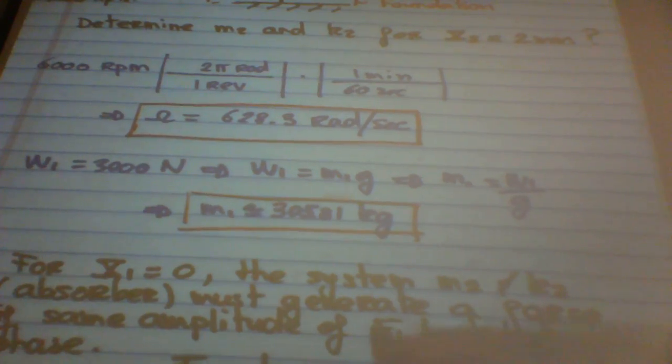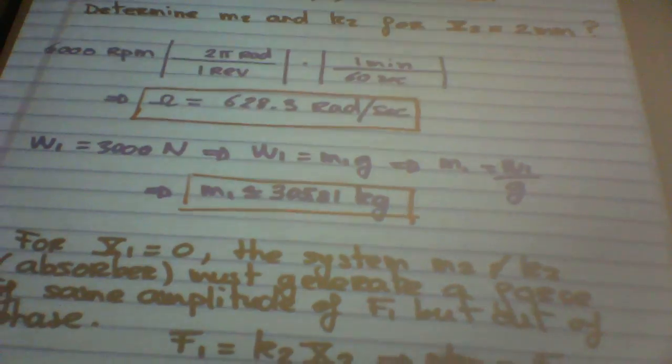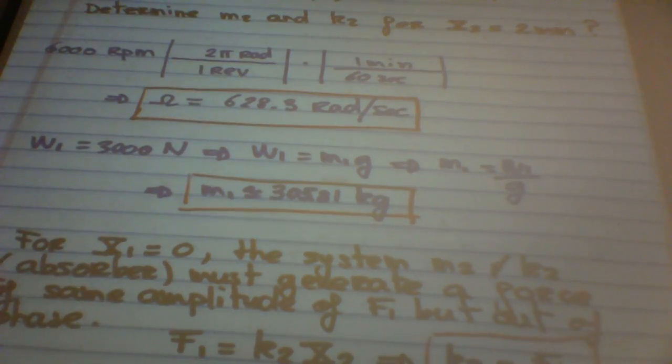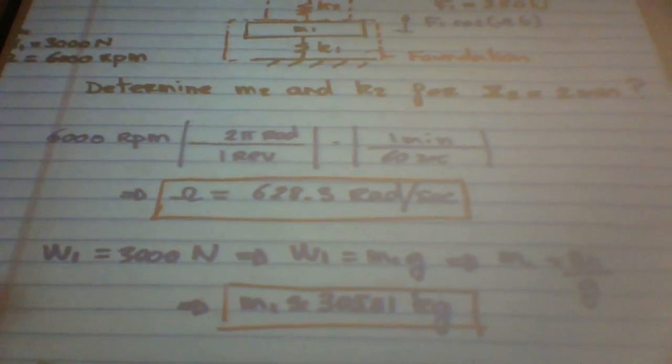So from this equation, we could say that K2 will be equal to F1 divided by x2, which numerically is what?